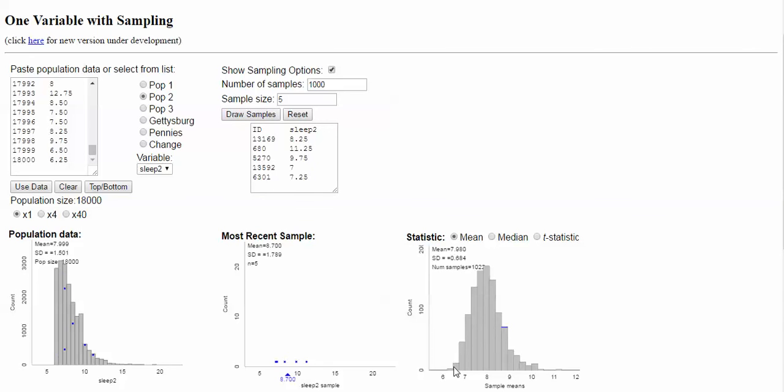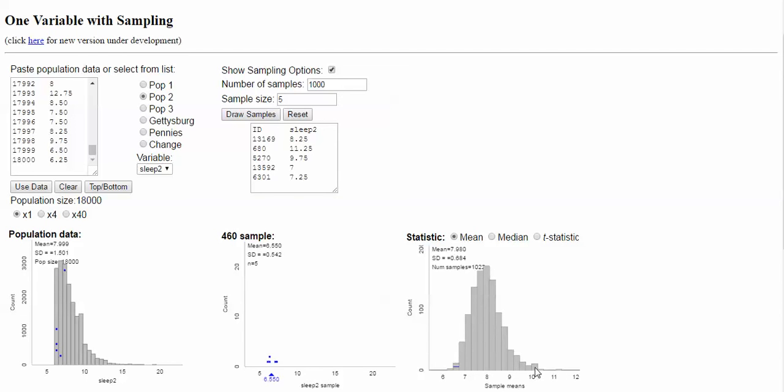So right here, we have a low sample mean, and it makes sense that these 5 people are at the low end of the population. So these 5 people have a mean of 6.5, which is down here. And it makes sense, like I said, that they have such a low average because they're at the low end of the population.